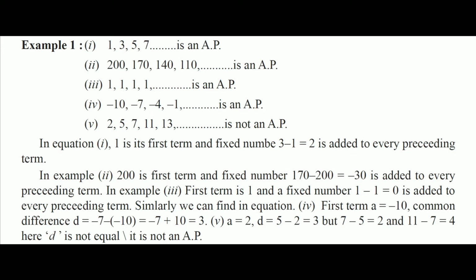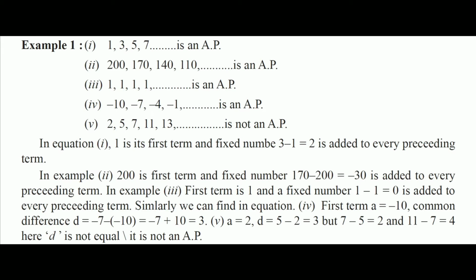Now we take the second part. 200, 170, 140, 110 and so on is an AP. The thing to note over here is that the terms are written in decreasing order. So the common difference will be a negative term. Let us see how.